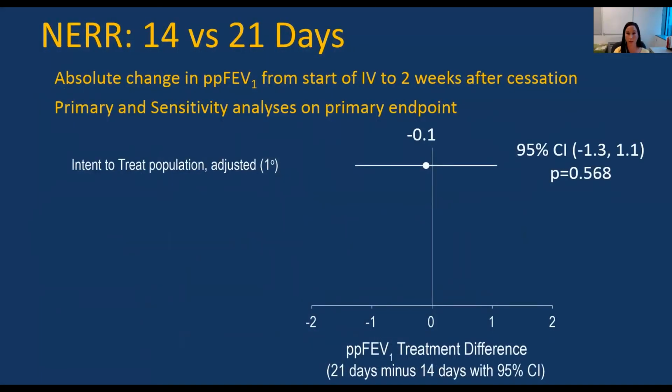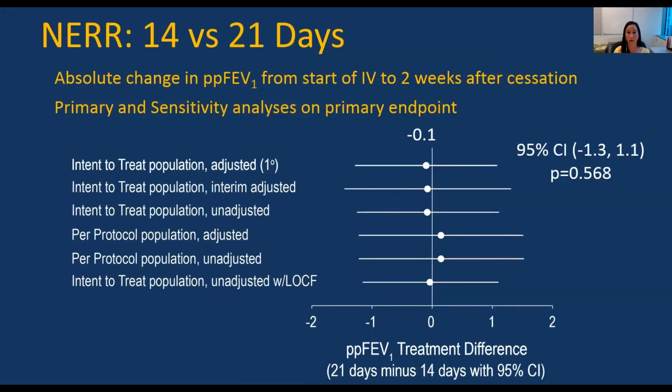This translated to a minus 0.1% predicted FEV1 change, where the 21-day was a little bit less than the 14 days by 0.1% predicted. That confidence interval ranged from minus 1.3 to 1.1 with a p-value of 0.56. So no evidence that 21 days was superior to 14 days in terms of lung function improvements. And the predefined sensitivity analyses also support that same conclusion.